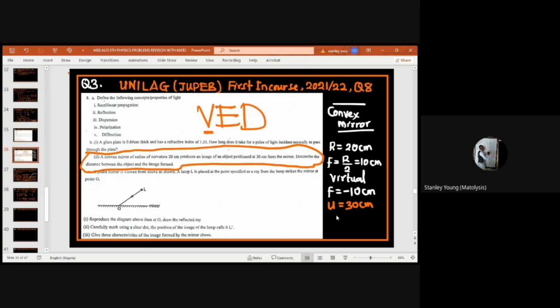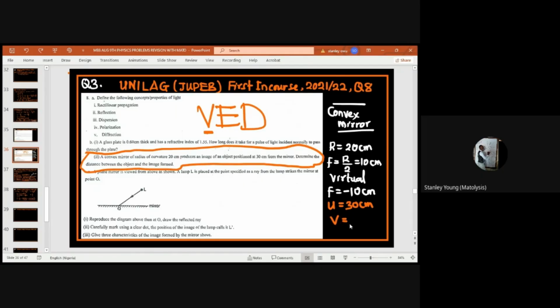Determine the distance between the object and the image. So, what do you do? First, try to find the image distance. For you to get the distance between the object and the image, you need to first know the image distance. And mind you, you're expecting a negative answer here.